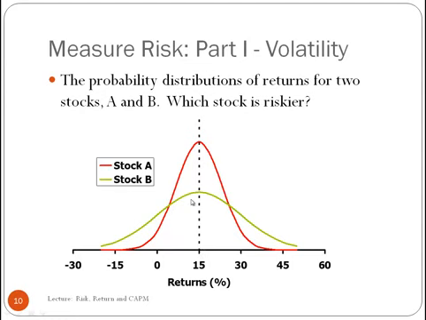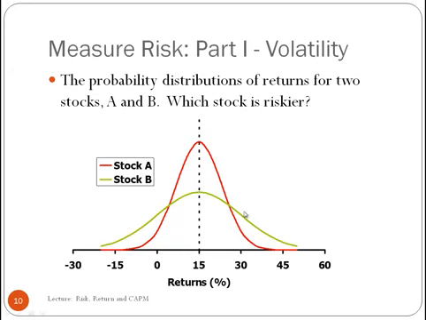So we have under the red one, the likelihood of landing somewhere close to the average. It's greater than the green one. It is clustered more closely to the mean. It's less dispersed. So we can say that stock A, our red distribution here, is less risky than stock B. And the reason for that is because we have a greater chance of being further below what we expected with stock B by just looking at this.